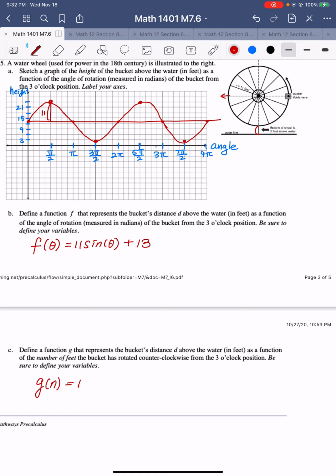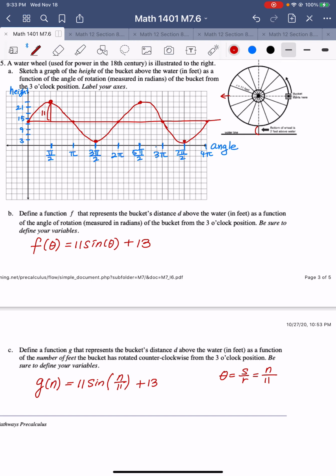So it stays the same, 11 sine, but instead of theta, we use the number of feet traveled. Theta is actually the same as s over r. So s is what we call n, okay? And r is 11, right? That's the radius of the circle. So instead of theta, you put n over 11, and then plus 13. So that's the function G for this case.